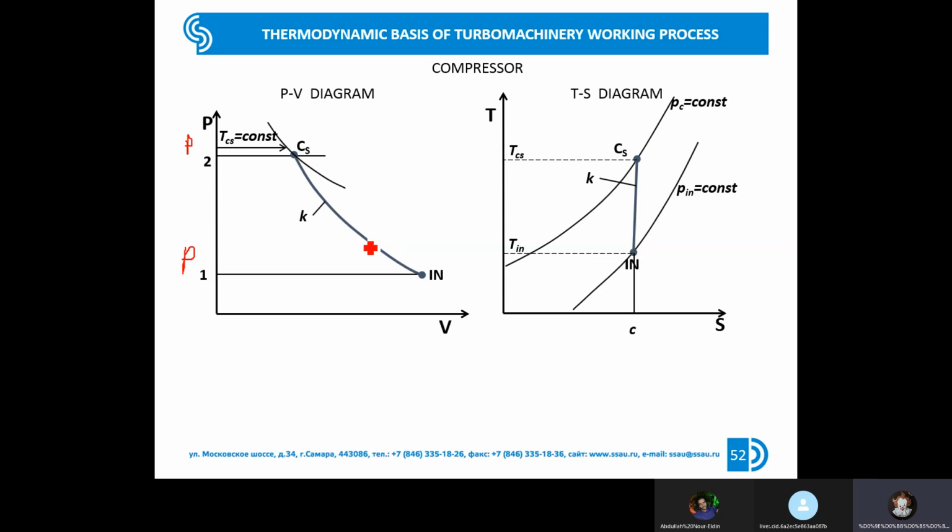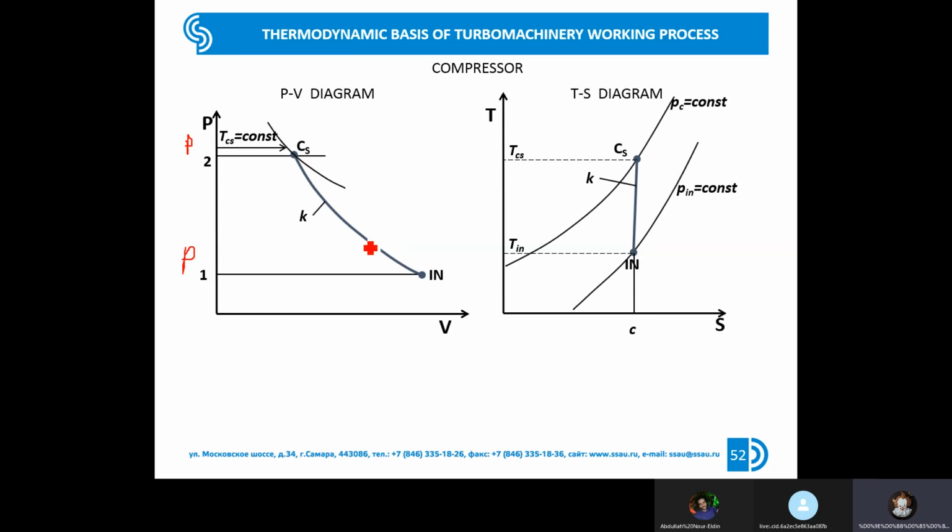It's very simple in reality. Let's imagine what the main difference is between the real process and the ideal process. We have losses in the real process. And what do losses mean? The simplest losses are friction, friction between the layers of the fluid or gases.